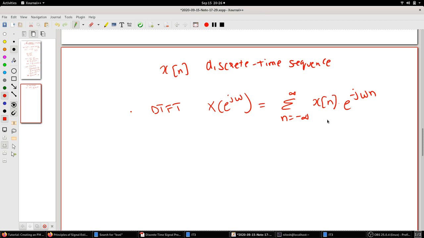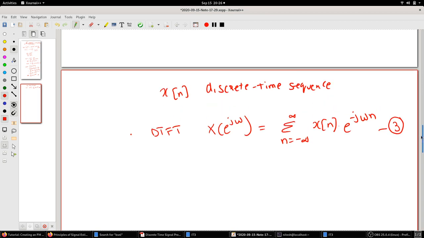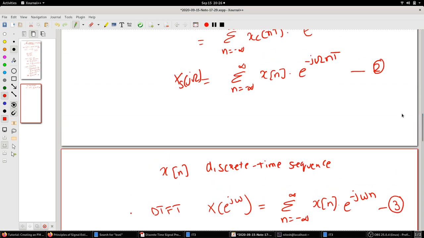Now this gives an interesting relationship. If I make this equation 3 and look at equation 2 and equation 3, I get the relation.